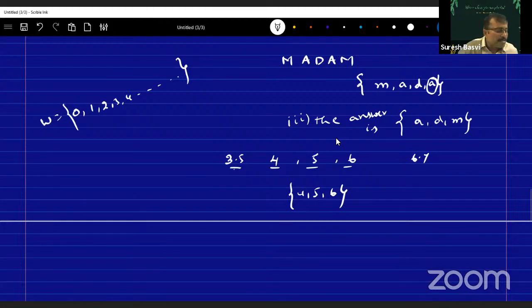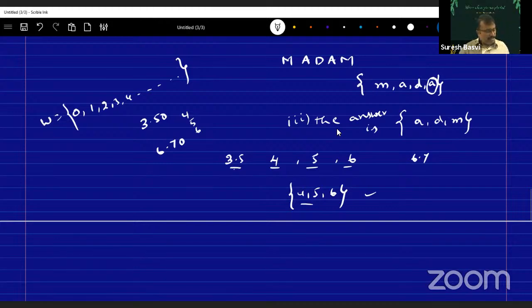So Nandu, 3.5 means 3 rupees 50 paise, 6.7 means 6 rupees 70 paise. After 3 rupees 50 paise, do we have 3.6, 3.7? No. We have only 4 rupees, 5 rupees, 6 rupees. So that's why I write this. Nandu, are you understood?